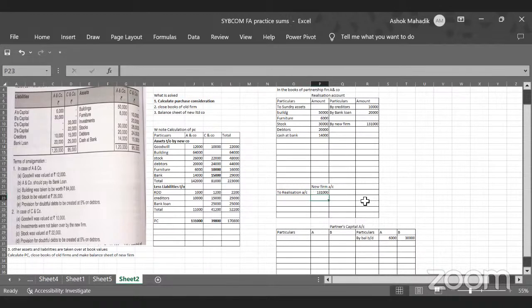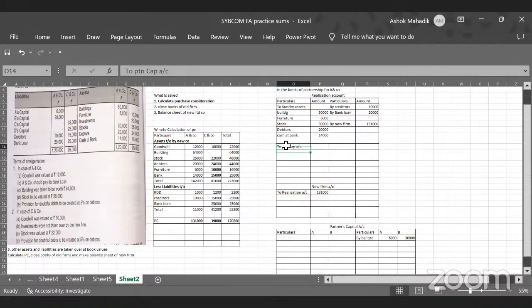So we sold assets and liabilities, but one liability is not taken over by the new company, right? Which is that? Bank loan. So what will happen to bank loan? We don't have any sufficient cash either. So what we'll do? We'll transfer this liability to partners. See, loan is appearing on the credit side. To transfer it to partners, it will be on the debit side, to partners capital account.